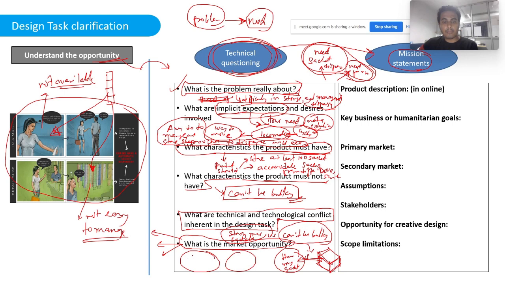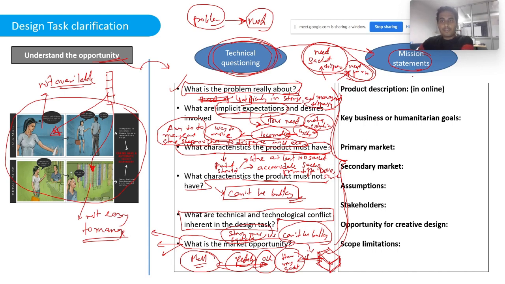Can we sell at a mall, or at a retail store, or can we use the similar design for other purposes. So all these questions, when you ask, you will get certain answers which clarify your design requirements. It makes the design requirements more visible and helps you streamline the rest of your product development process.